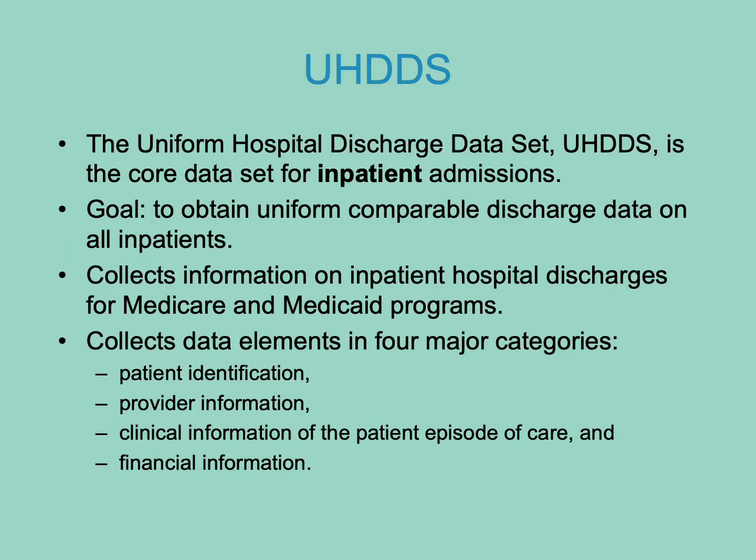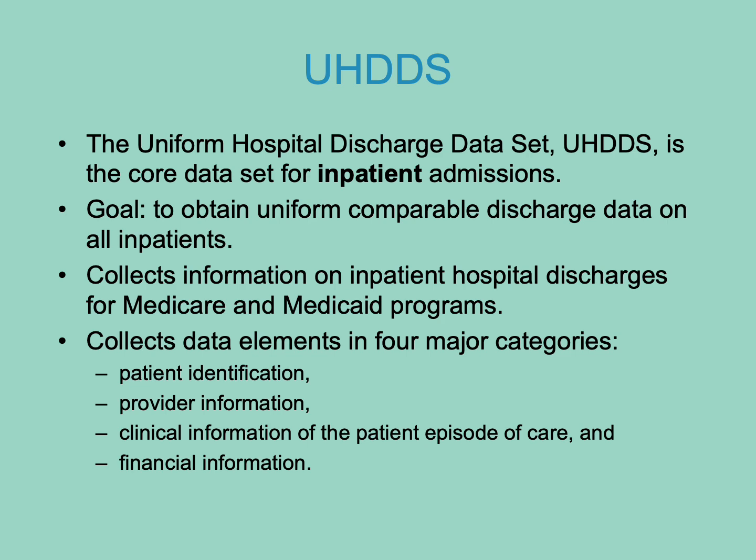Okay, the Uniform Hospital Discharge Data Set, UHDDS, is the core data set for inpatient admissions. This will give us the definition of the first diagnosis listed for inpatient admissions. The goal of the UHDDS is to obtain uniform comparable discharge data for all inpatients.